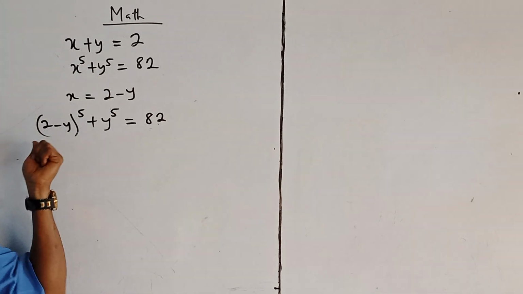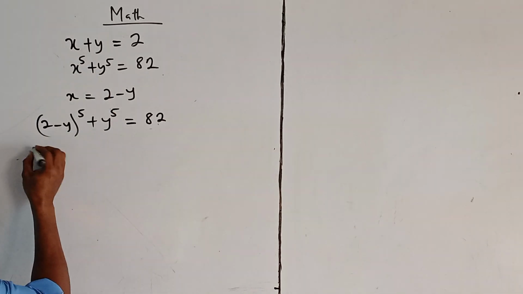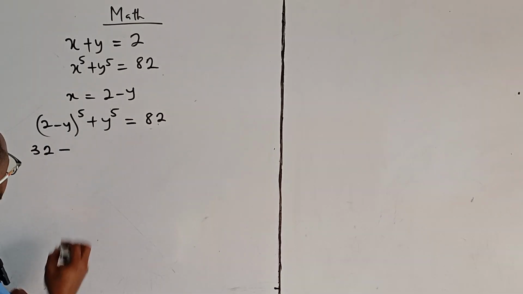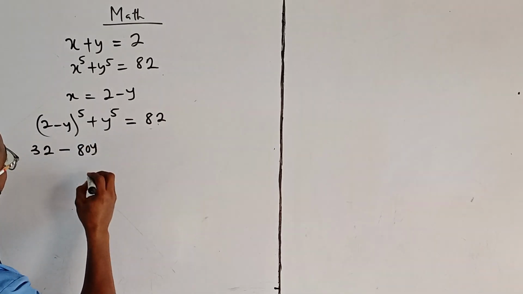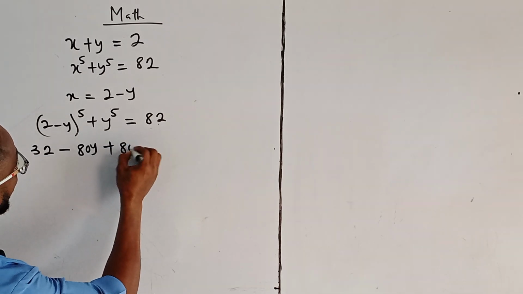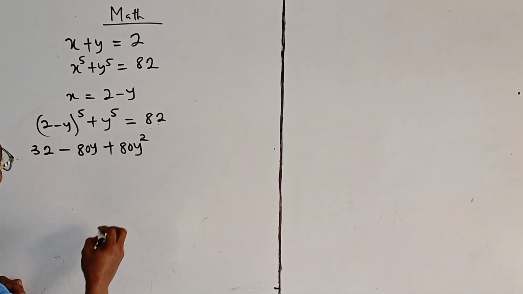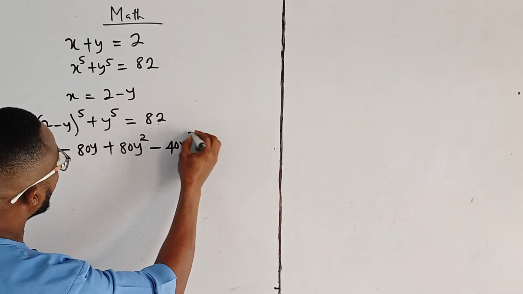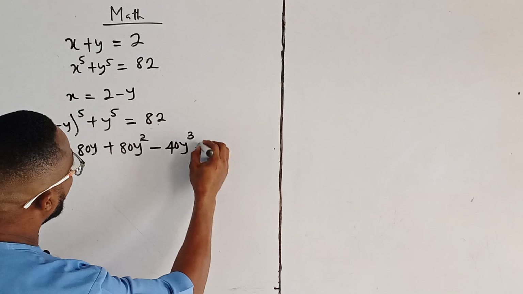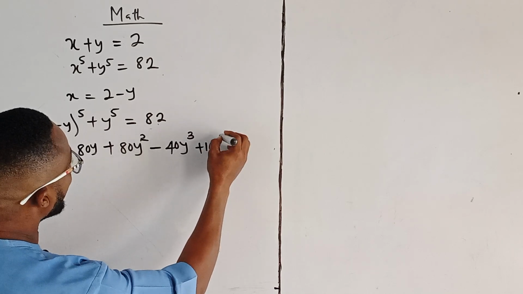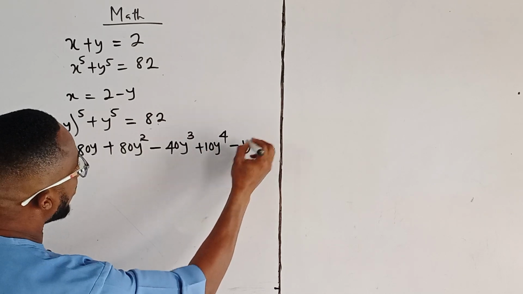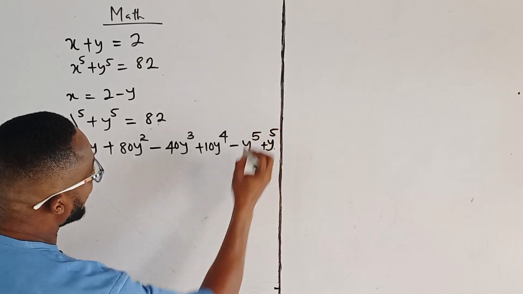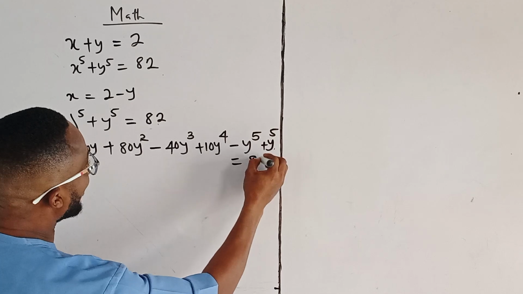I will then expand this. That's going to give me 32 minus 80y plus 80y squared minus 40y cubed plus 10y to the fourth minus y to the fifth plus y to the fifth equals 82.